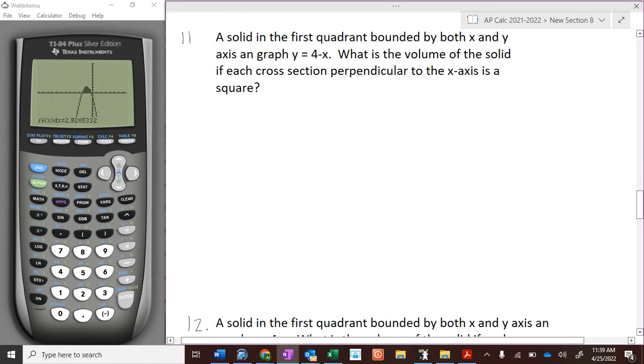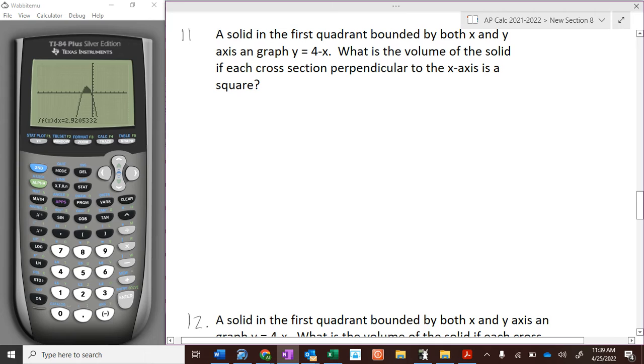Now for the ones that some of you have some issues with. A solid is in the first quadrant, bounded by both x and y axis, and the graph y equals 4 minus x. What's the volume of the solid if each cross section perpendicular to the x-axis is a square?